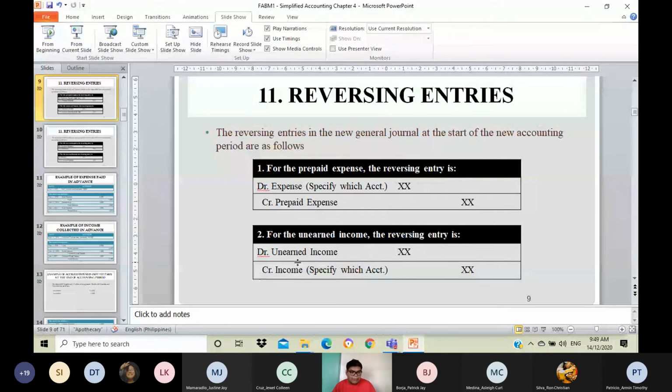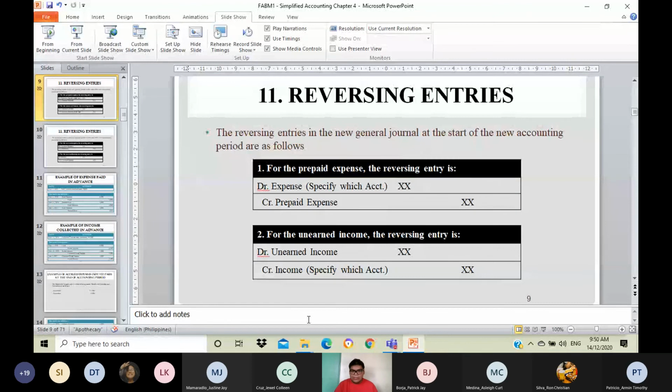When the unearned income becomes earned in the next accounting period, there is no need to prepare the adjusting entry. Also, the income earned as previously recognized truly pertains to the income of the next period. So, ito na yun. Ito na yung magki-carry over.